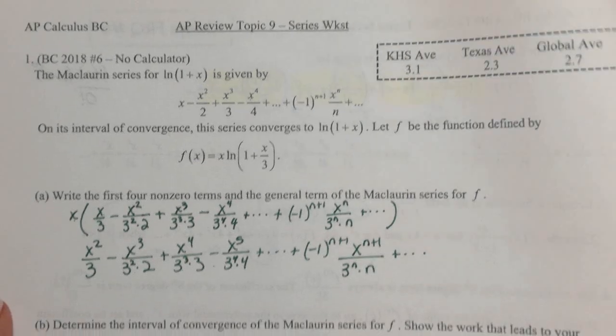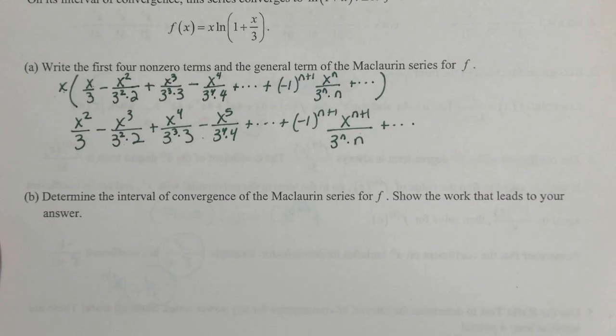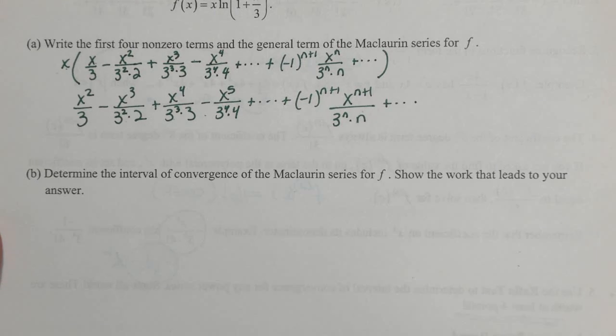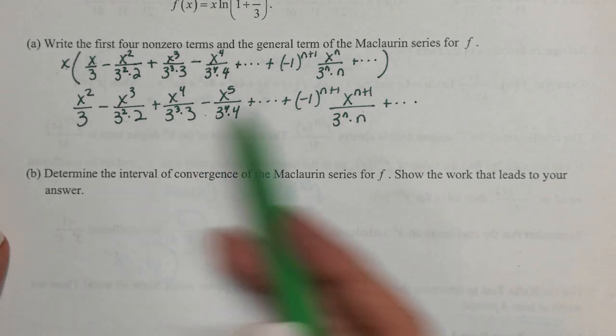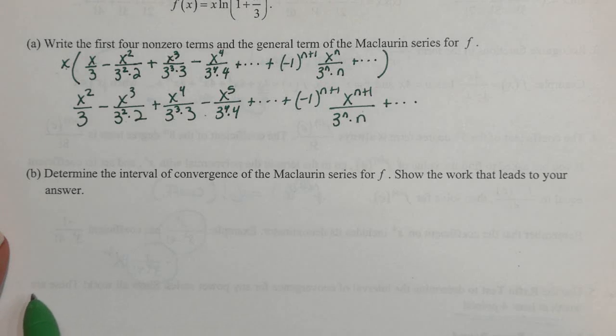Part B. Determine the interval of convergence for that series that we just wrote, the Maclaurin series for f. Interval of convergence for a Maclaurin series, ratio test, unless our series is geometric, but this series is not geometric.